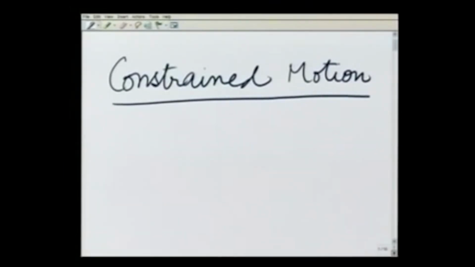Suppose there is a particle that is moving under the influence of a force F, then its motion is described by the equation of motion, ma equals the applied force, where m is the mass of the particle and a is its acceleration.